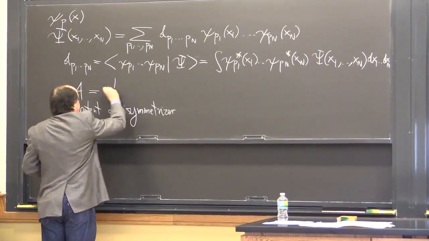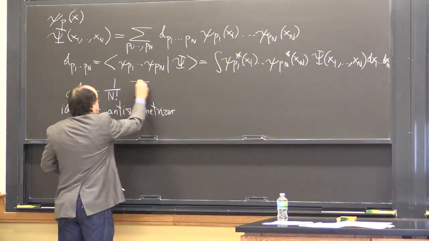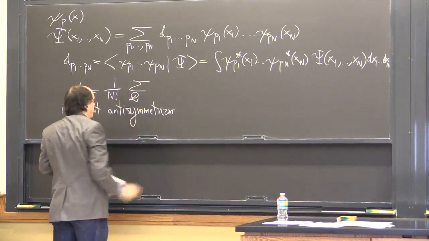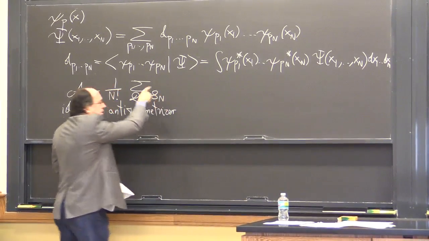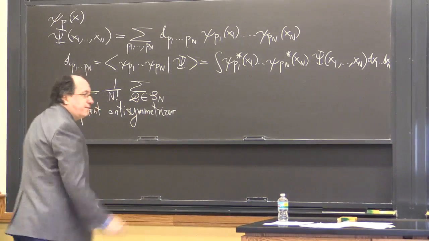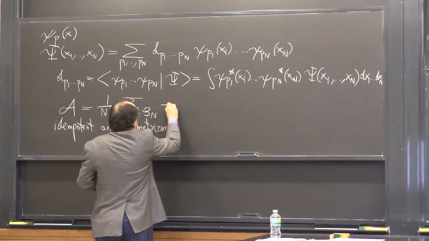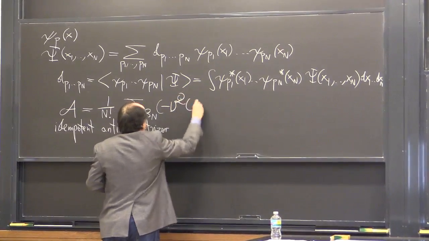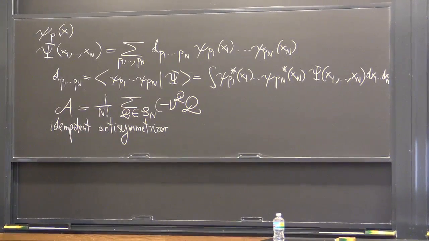I'm going to define it as follows. It's 1 over n factorial. And then we're summing over all permutations of n indices. So I think I talked about the group of all permutations of n symbols. I'm going to call it Sn. If I haven't, well, then I'm defining it once again. And then we have signs of permutations multiplying the permutations. Okay? That's a formal definition of this anti-symmetrizer.